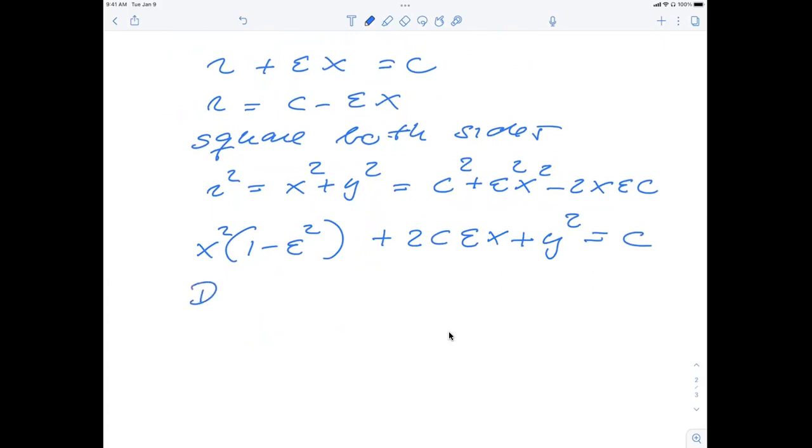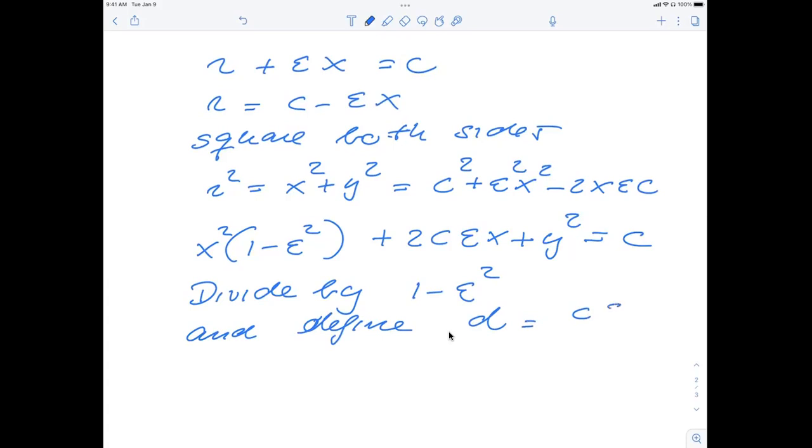The next thing we do now is to divide by 1 minus epsilon squared, and we define a new constant. So we're going to play around with different constants here: c times epsilon of 1 minus epsilon squared.